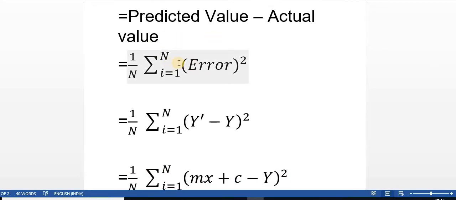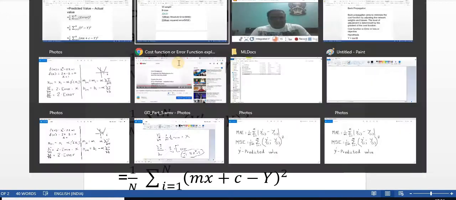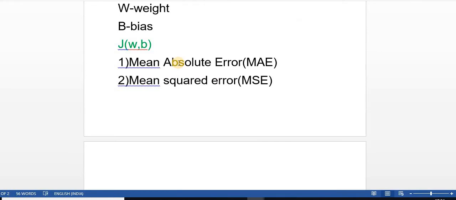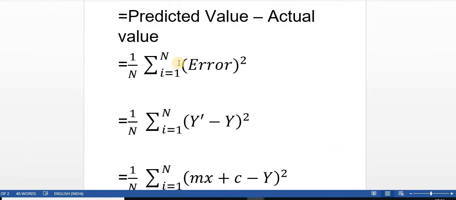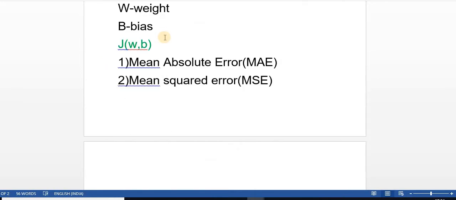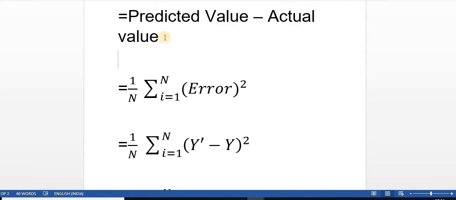You will get it more clearly in this equation. I told you about mean absolute error and mean squared error. This one here is the mean squared error.